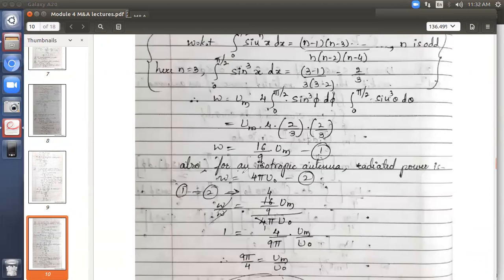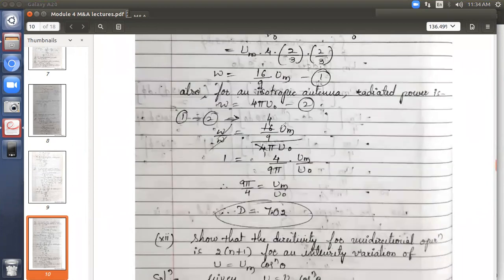And what is equation 2? It is 4 pi u naught. So if you take the ratio of equation 1 and 2, W by W is equal to 16 by 9 pi u m in the numerator, divided by 4 pi u naught.